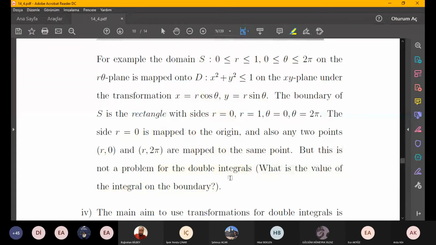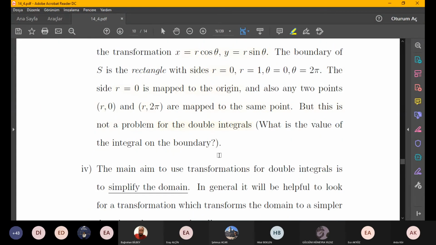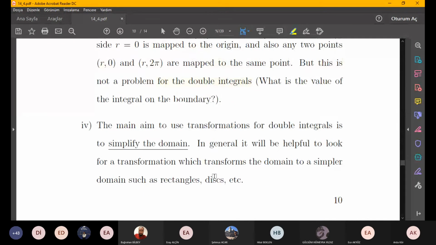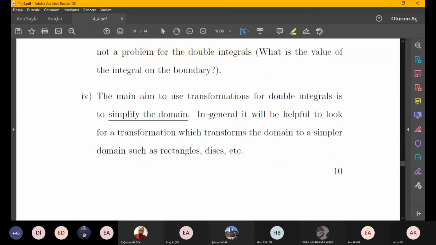And as I said in the beginning, the main aim of using those transformations for double integrals is to simplify the domain, to get a simple domain, x simple, y simple. So if we have the right transformation, we can find in the uv plane a u-simple domain or v-simple or both; generally we try to get a u and v simple domain.